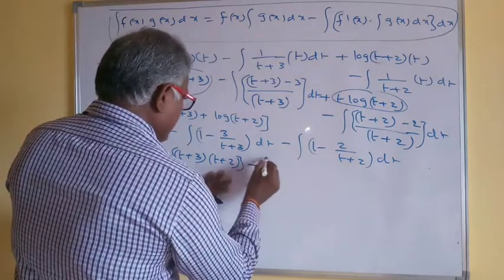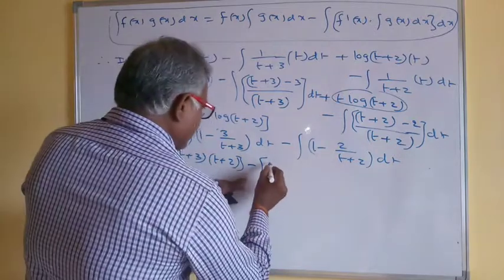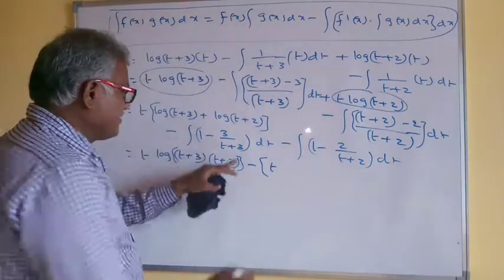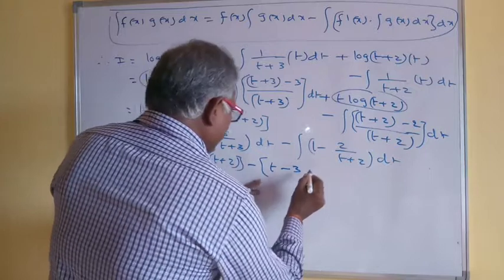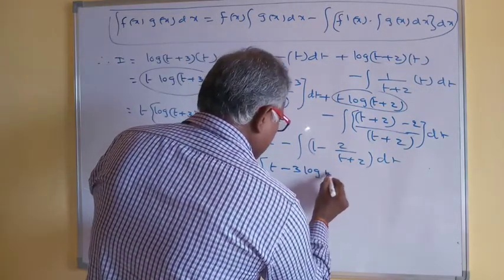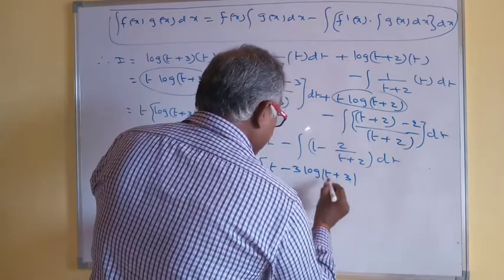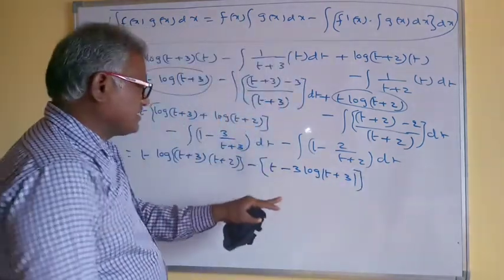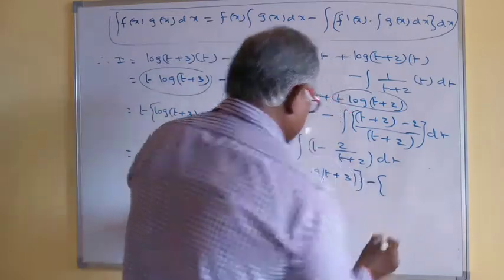Here for this one integral value, for one integral t, for this one 3, 1 by x is log x. Similarly 1 by t plus 3 is log t plus 3. Okay, for this one, integral over. Next, this one.